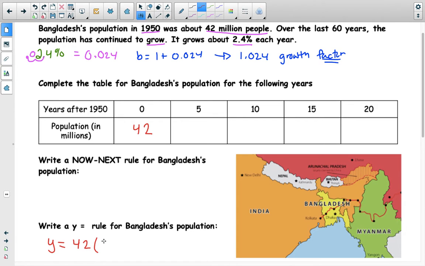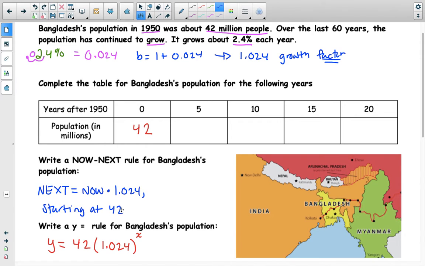Our growth factor is 1.024, close parentheses, and we're going to raise it to the x power. With this, we can use our equation to write a next rule as well. To find the next value, we will take our now value and multiply it by 1.024. But we have to start at 42 million.